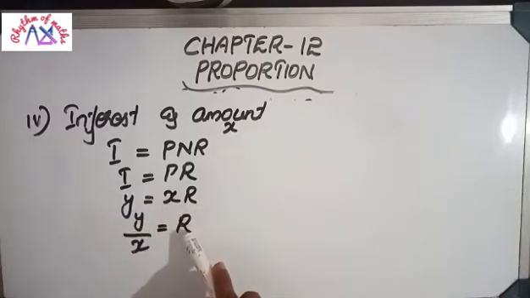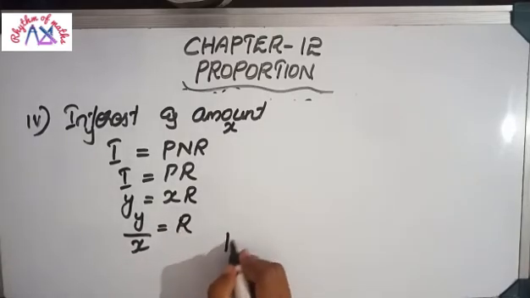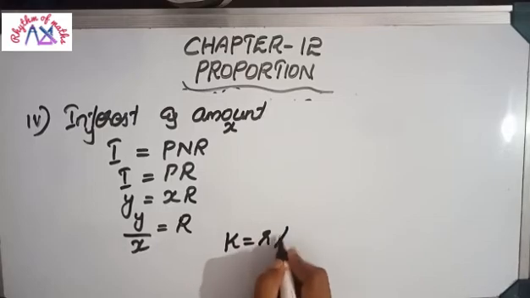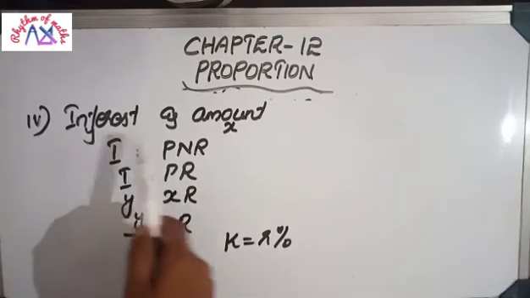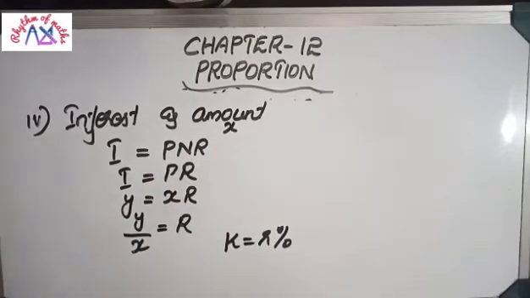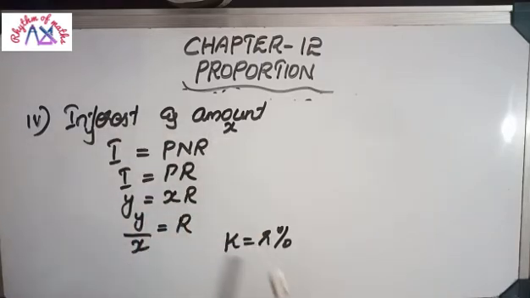That means the rate of interest is the constant of proportionality, k equal to R percentage. So interest and amount in a particular scheme are in proportion, with constant of proportionality k as R percentage. This is the fourth answer.